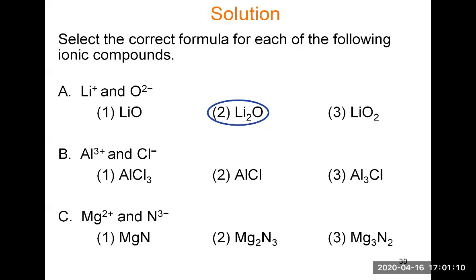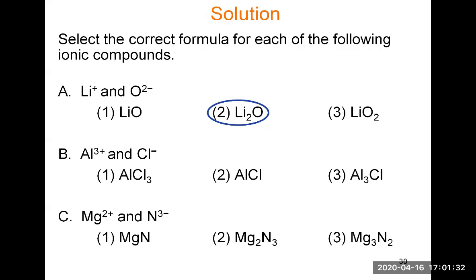Aluminum 3+ and chloride Cl minus. Again, you can do the criss-cross trick. The 3 from the 3 plus of aluminum becomes a subscript for chlorine. And the 1 from the negative charge of chlorine becomes a subscript for aluminum.